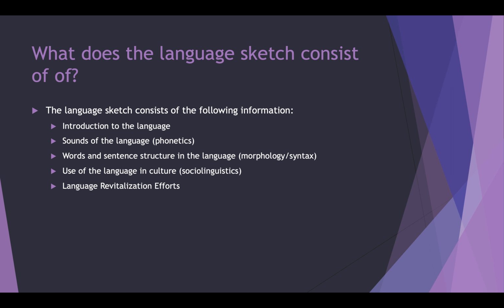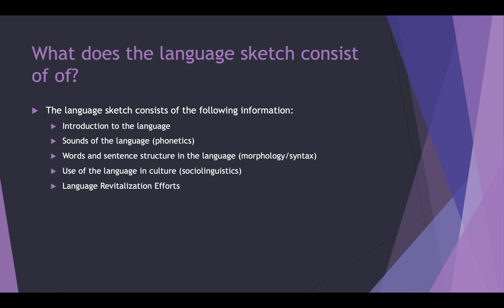So, what is your language sketch going to consist of? Okay, so your language sketch will have an introduction to the language. Part 1 will be about the sounds of the language, the phonetics. Part 2 and Part 3 will be about the words and the sentence structure of your language.